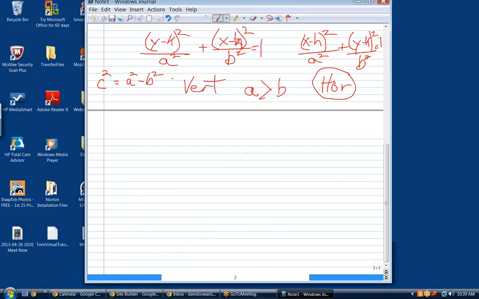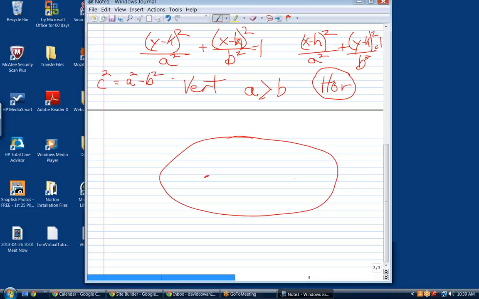The reflective properties of an ellipse are such that if you shoot a beam of light from one focus, it will always go to the other focus, no matter how you shoot it. Okay, so I'll just enter it in real quick.